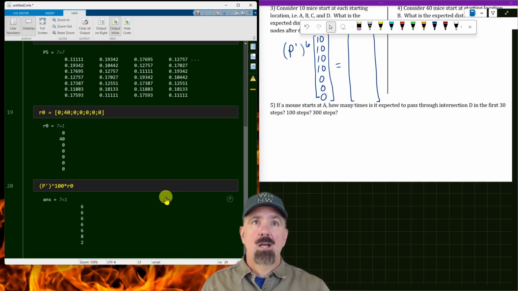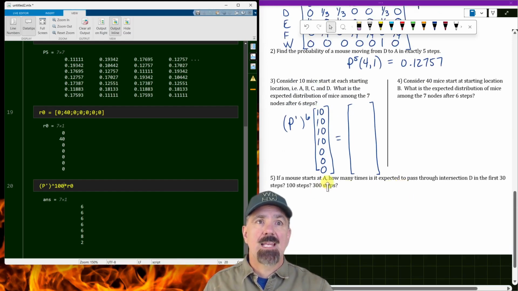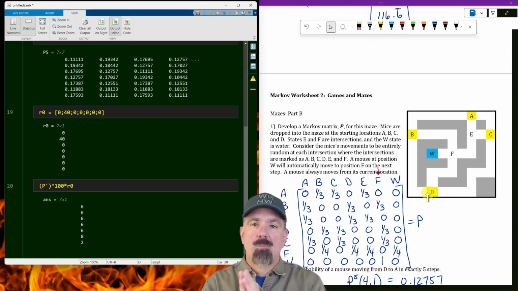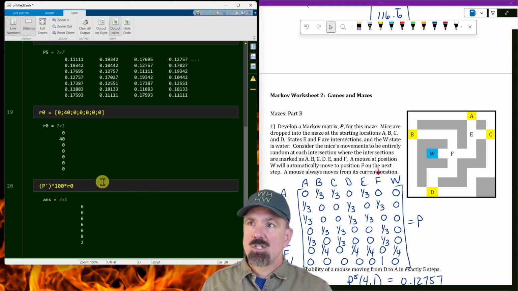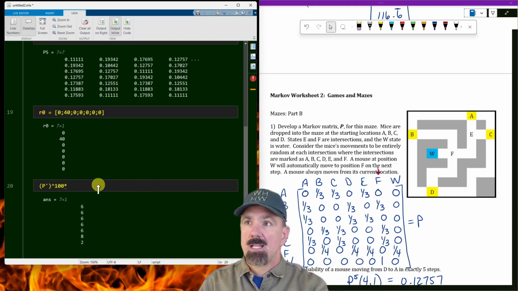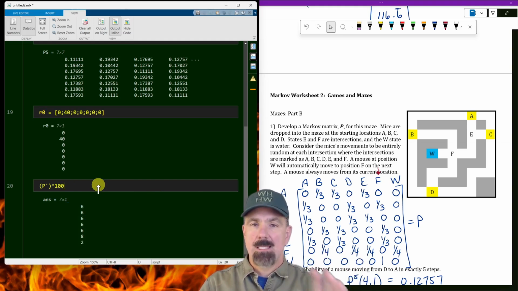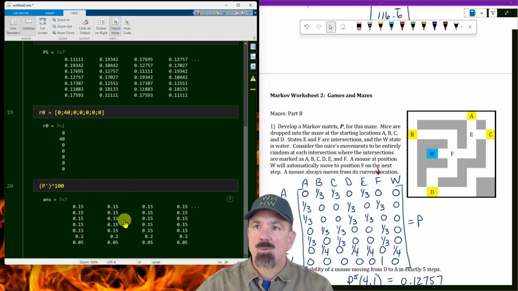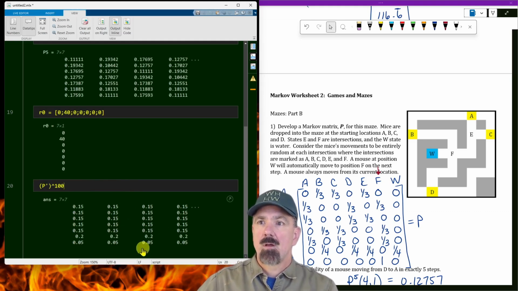What we're going to do is say, okay, a mouse starting in A, how many times is it going to pass through intersection D? Well, this all has to do with the equilibrium distribution. So let's just look at the probability matrix, the Markov matrix, raised to this really high power, and we can see what the transitions look like.